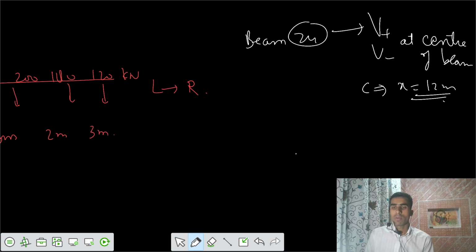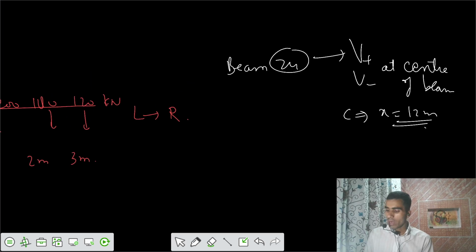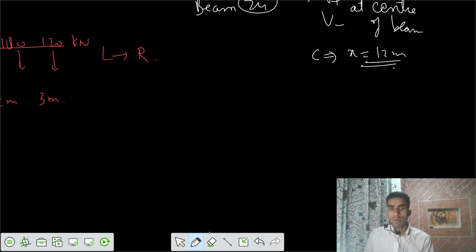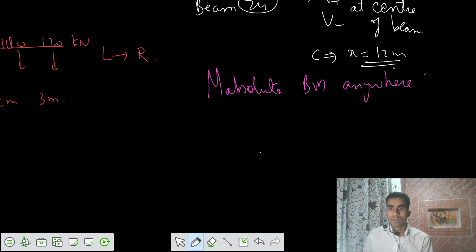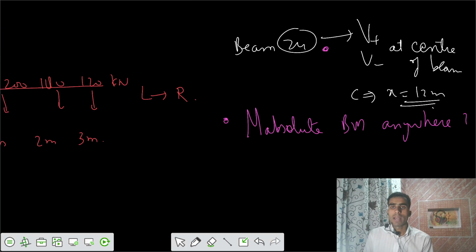And we also have to get the absolute bending moment anywhere in the beam. So we have two parts of this problem. First, you calculate the positive and negative values of the shear at the midspan.